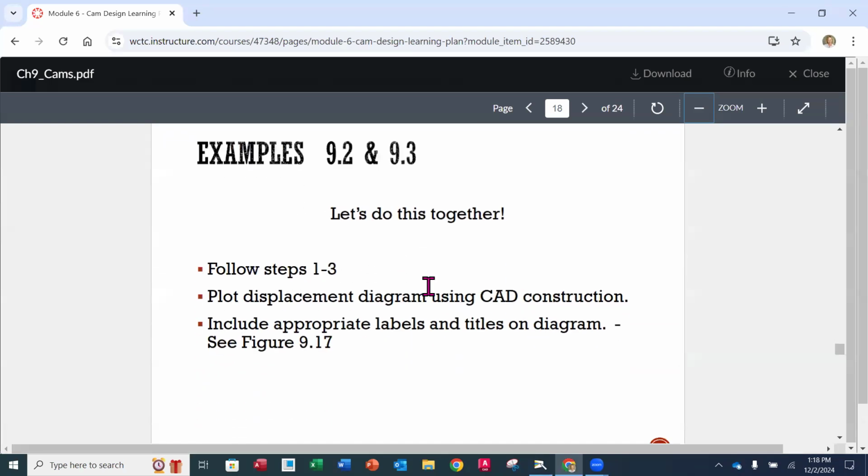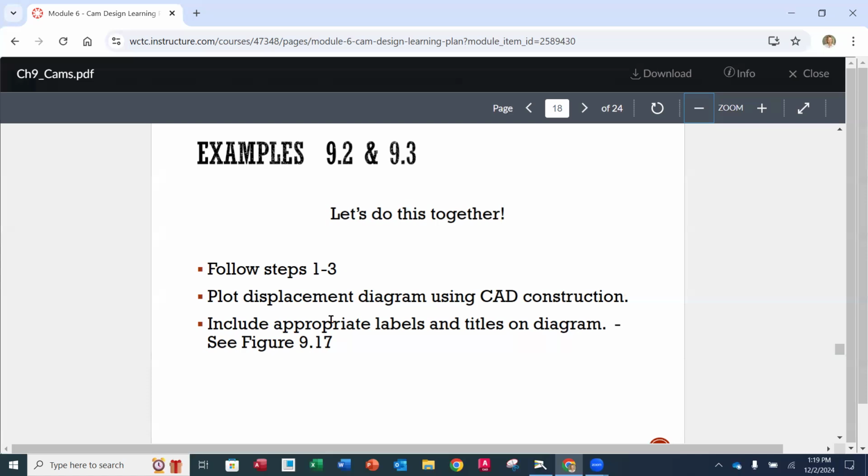And then we've got two examples in our book here where we're going to be looking at creating the construction for these motion schemes. So if we go to page 234, we're going to be looking at our first example, or it should really say our second example, but the first for this section is going to be example problem 9.2.